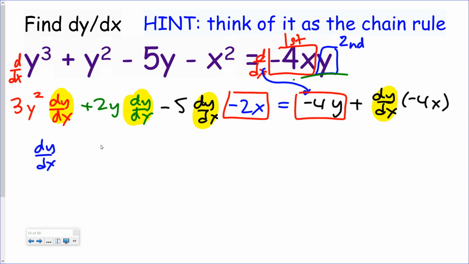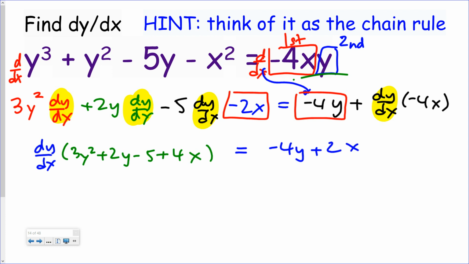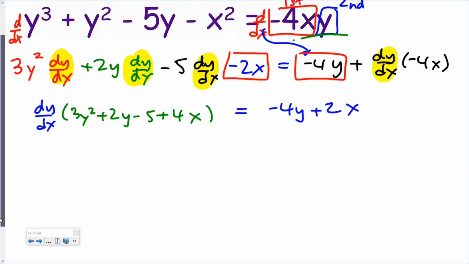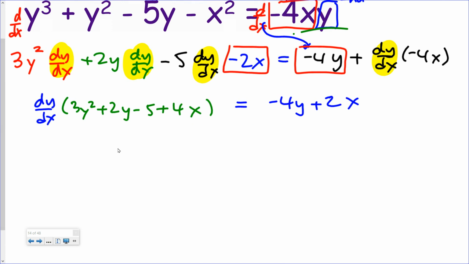Factor out your dy/dx. And if I did it right, you should get something that looks like this: 3y squared plus 2y minus 5 plus 4x. Did you get that? That's going to be your denominator.